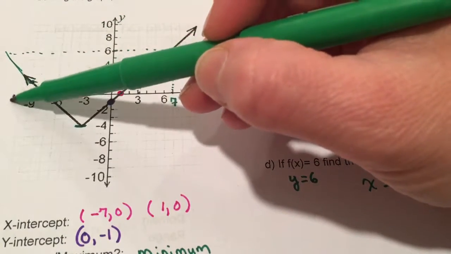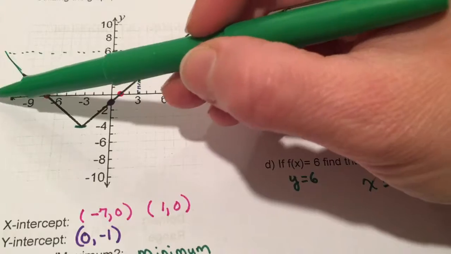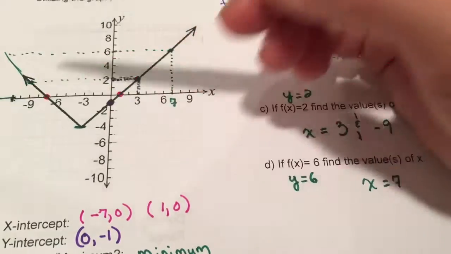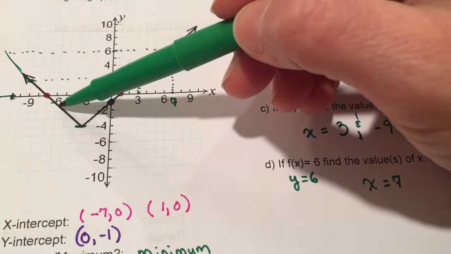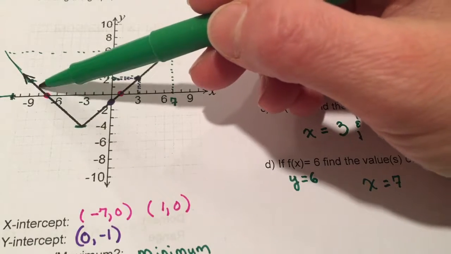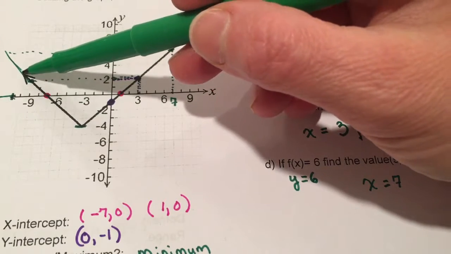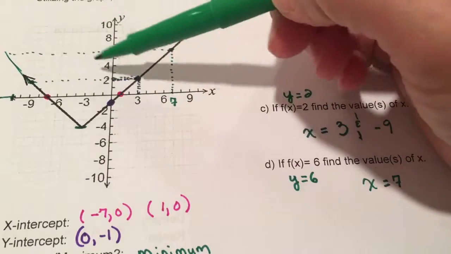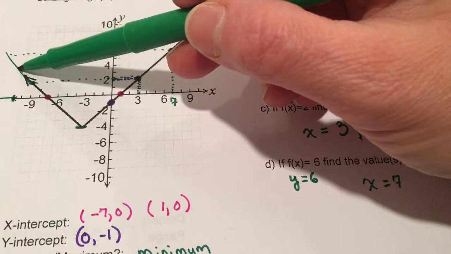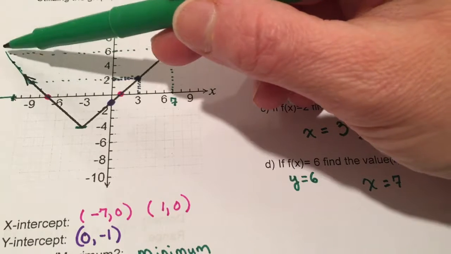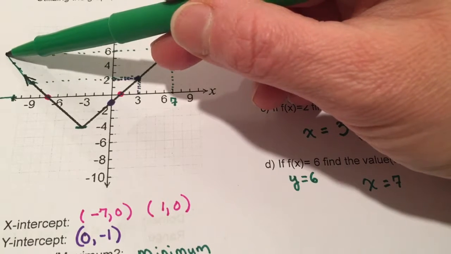So, I mean, right now it's hard to see it. We're going to talk more about how we could do it. But if you start to notice, this is just going up by 1 each time. The slope of this line going up is going up by 1. So if this is at 3, and then this is at 4, and this is at 5, and this is at 6.